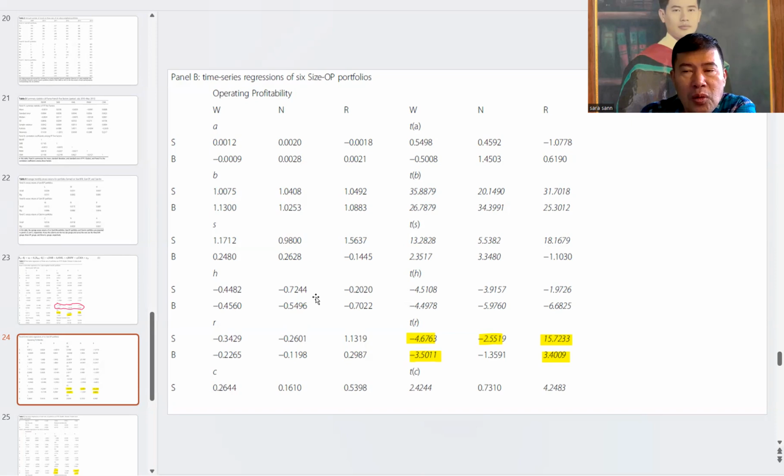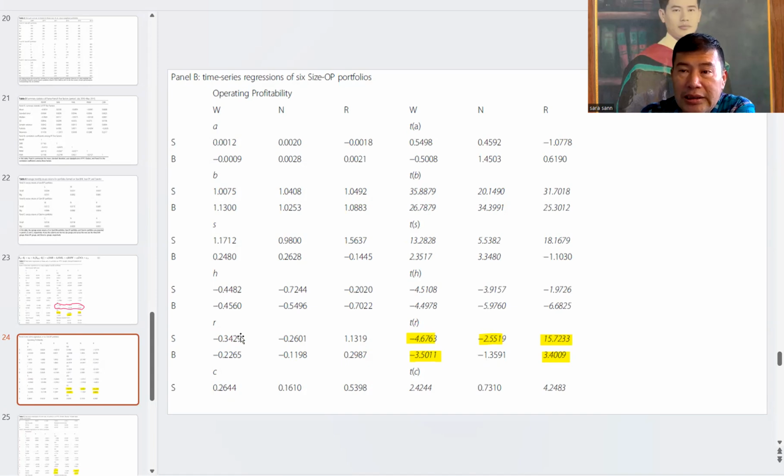One more time, when the book to market ratio goes up, the excess return on investment goes down. So for the HML, it is not good.